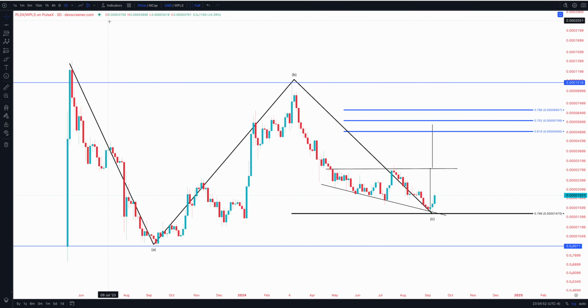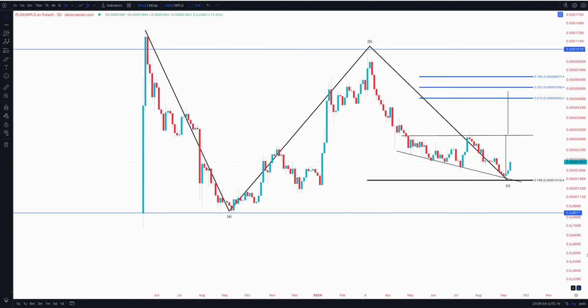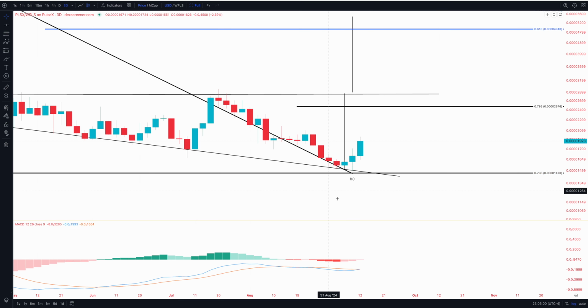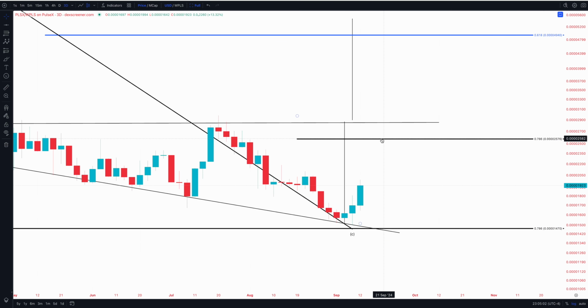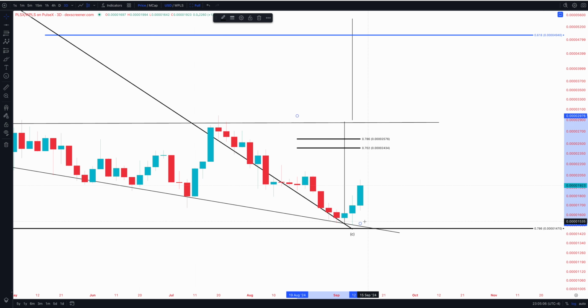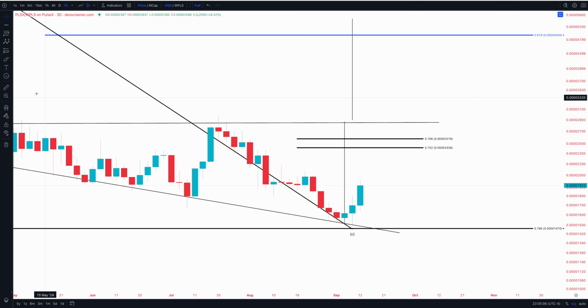Okay, so this is PulseX. Everything is looking good on PulseX. What bulls would want to see here going forward is a push above these 2 levels over here on the 4-hour time frame. So once we get a 4-hour push above 0.02438 and 0.02579, then there's no doubt that this over here is the macro bottom.